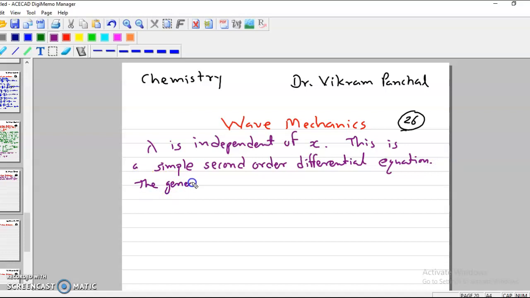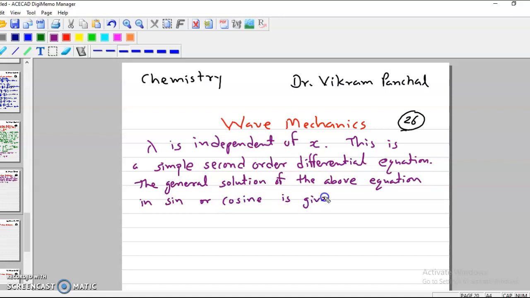The general solution of the above equation in sine or cosine is given as follows, which is psi is equal to c cos under root lambda into x plus d sine under root lambda into x for lambda greater than 0.